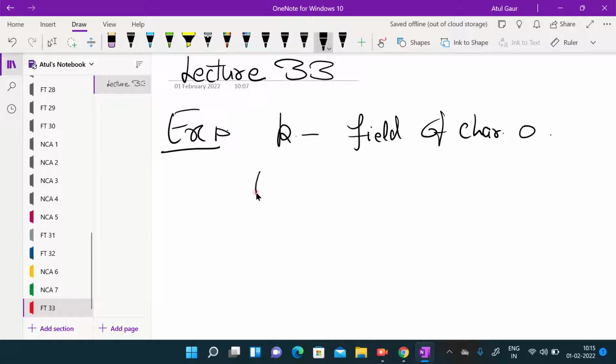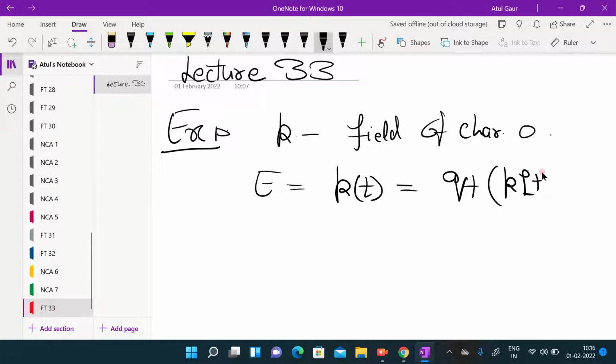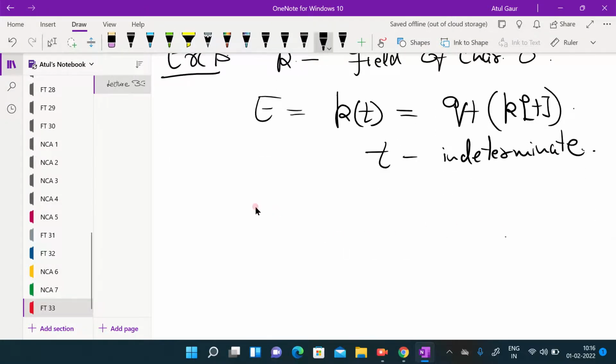So then E we can consider the field K(t), which you know is the quotient field of polynomial ring in t over K, and t is the indeterminate. All right.